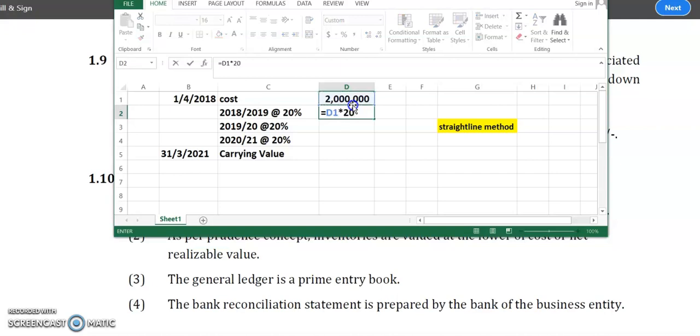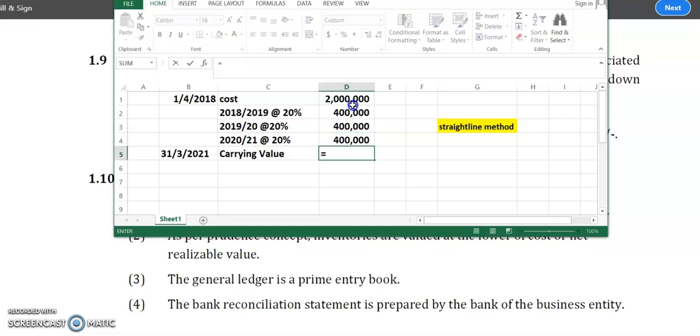Straight line method means the same depreciable amount is going to recur for the entire useful life of the asset except the last year. So we will apply 400,000 for each year.